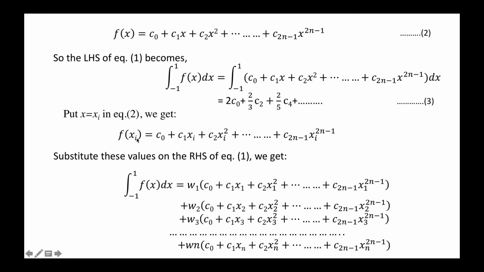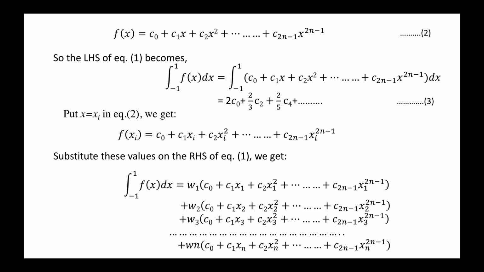We simply substitute the values of f(x1), f(x2) using this equation. So it becomes w1 times c0 plus c1 x1 plus c2 x1 square, and so on up to the 2n minus 1 term. Similarly for the second term, w2 times c0 plus c1 x2 plus c2 x2 square, and so on, and we keep going up to the nth term: wn times c0 plus c1 xn plus c2 xn square, and so on, up to c(2n-1) xn to the power 2n minus 1.